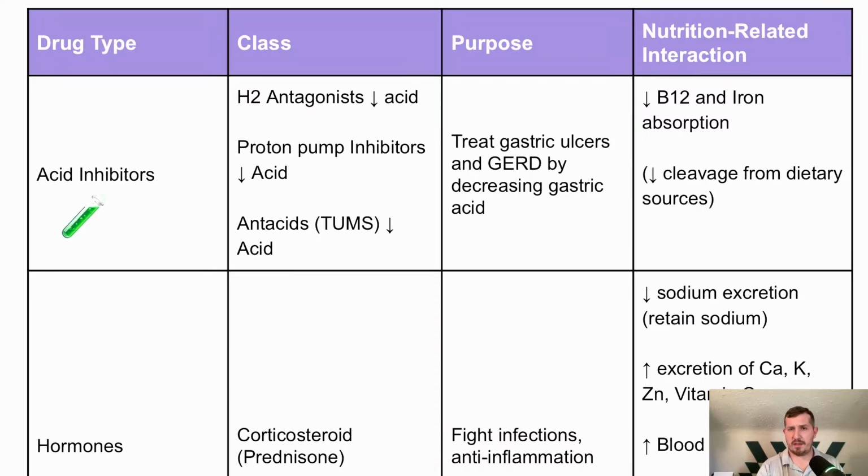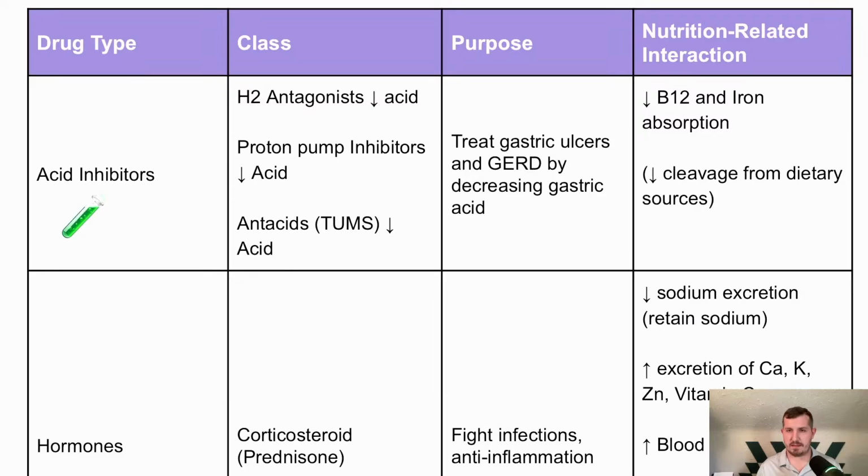Now, purpose. What is the purpose of an acid inhibitor? It's to treat ailments that are due to excessive amounts of acid, where too much acid could be disrupting things. Here's an example: gastric ulcers. Maybe I'm someone who drinks way too much caffeine and coffee, irritants, and I developed a gastric ulcer.